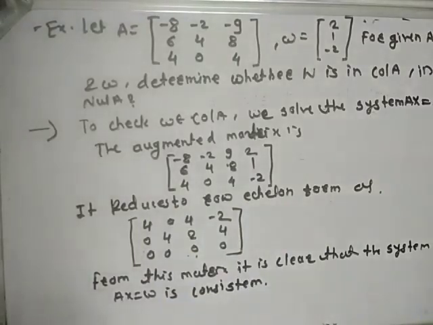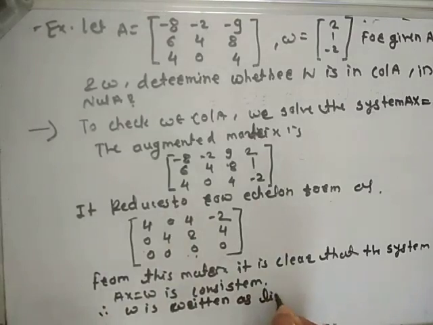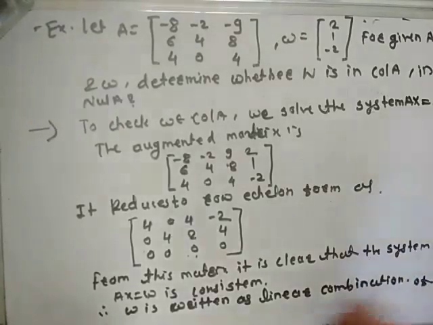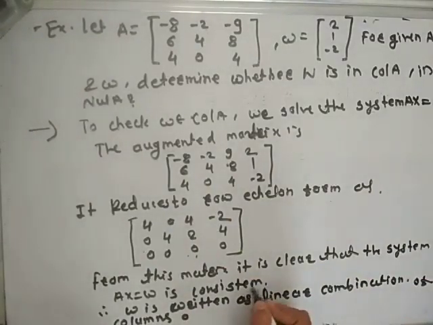Therefore, vector W can be written as a linear combination of columns of A. Therefore, W belongs to the column space of A.